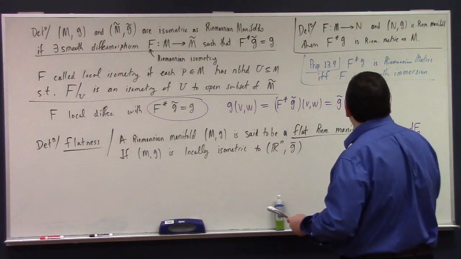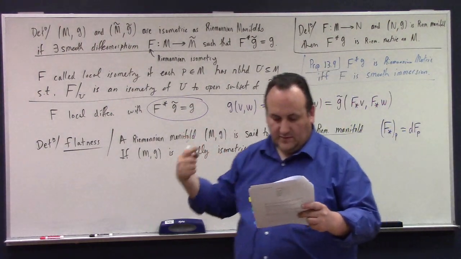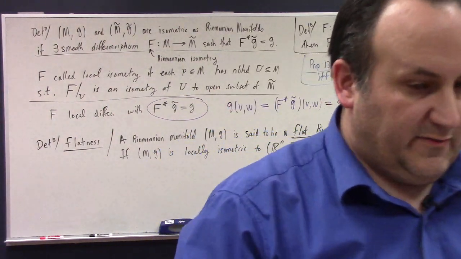So, theorem 13.14 gives us a list of conditions, the following are equivalent for a Riemannian manifold.